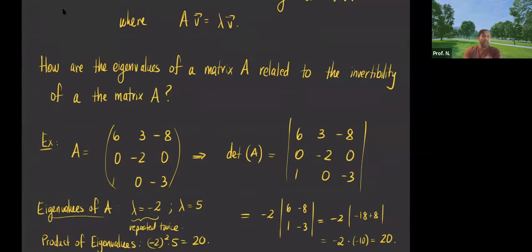But is that a surprise or is that something that we should have expected? That's something maybe you could think about. Why is it that the eigenvalues of a matrix are related to the determinant of the matrix?